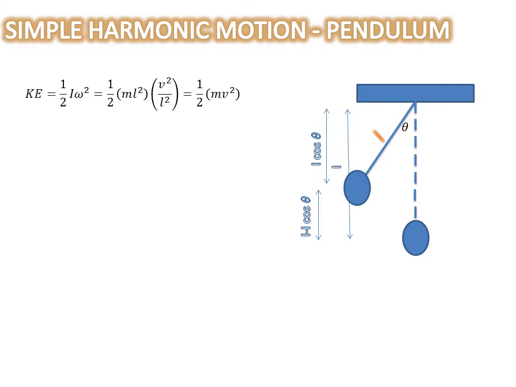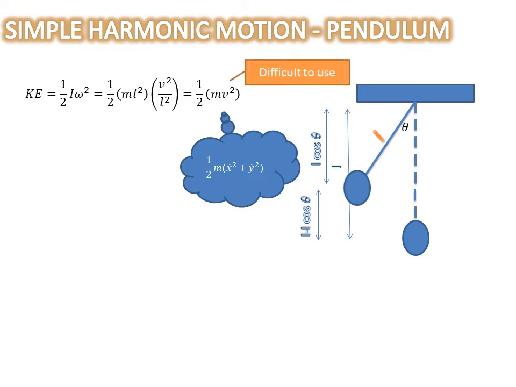So if I want to use the kinetic energy of translating movement, I must substitute v squared by x dot squared plus y dot squared, and it is difficult. So I prefer to use the kinetic energy of rotating movement, which is half I omega squared or half I theta dot squared, where omega equals theta dot in rotation.